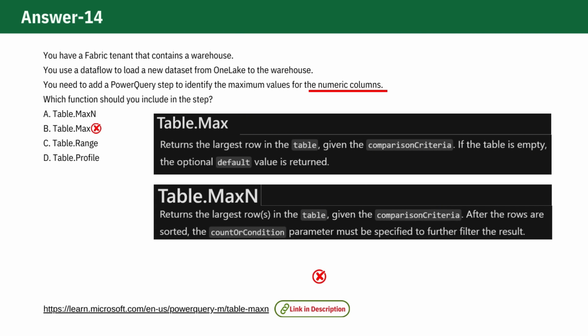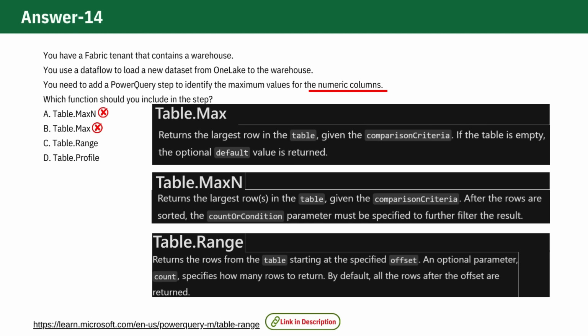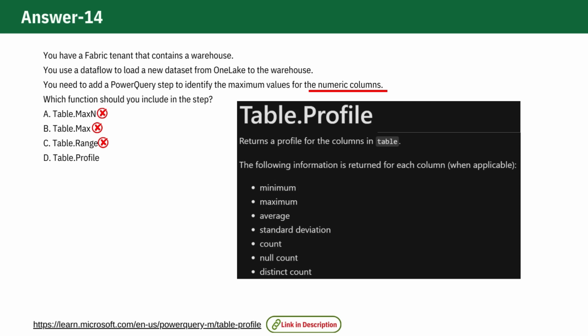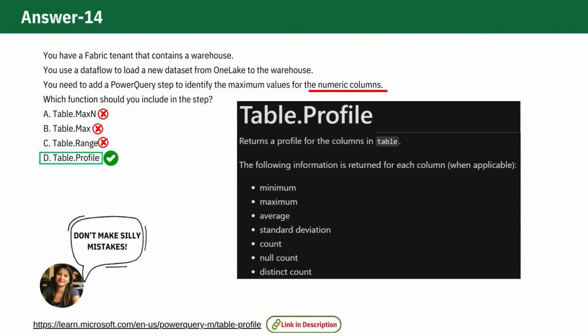It's unrelated to finding the maximum values for numeric columns. Option D, Table.Profile provides a statistical summary of a table, including the maximum values for each numeric column. This makes it the right choice for our requirement. So, the correct answer is Option D, Table.Profile. Just a reminder, make sure you read the questions in the exam carefully so that you don't make silly mistakes.